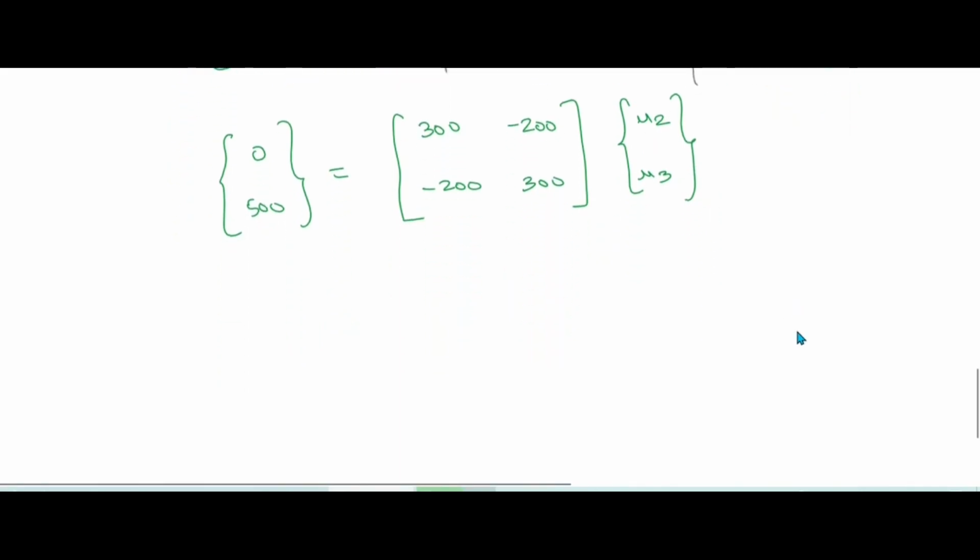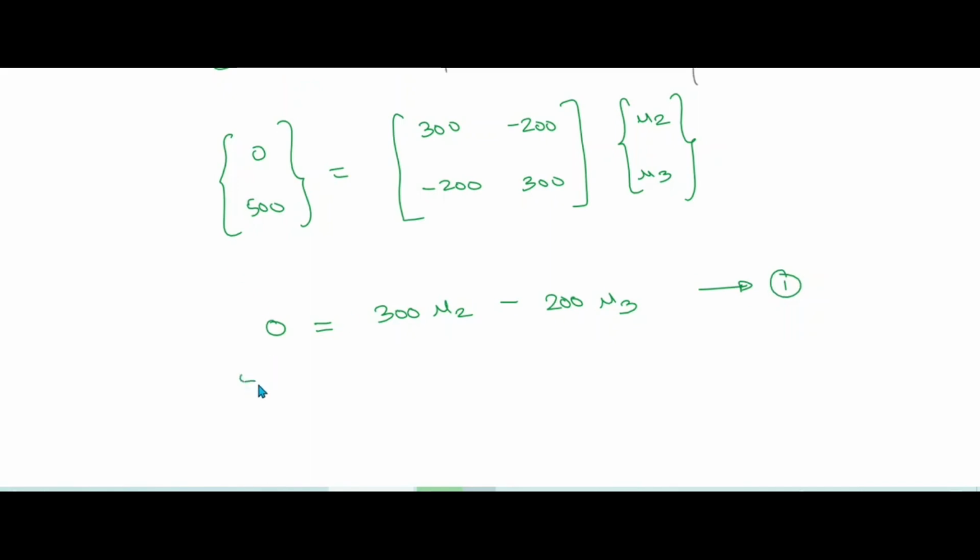So now we will write this in an equation format. First equation, 0 is equal to 300 U2 minus 200 U3. This is equation number 1.